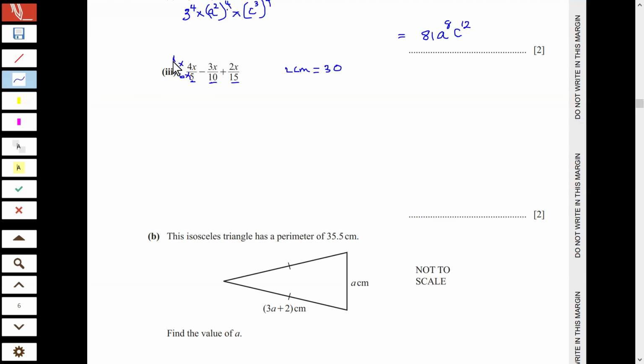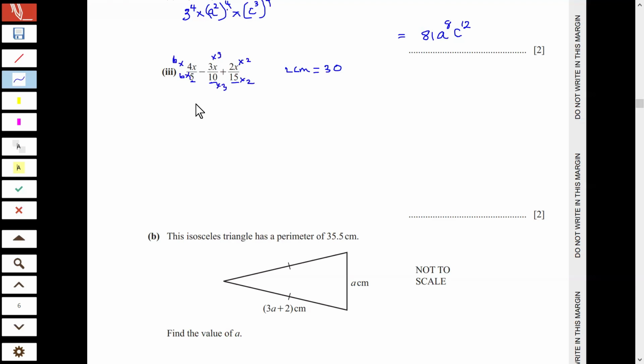Now for 10, we can make 10 into 30 by multiplying 10 by 3, and also do the same to the numerator. 15 can become 30 by multiplying 15 by 2, and also do the same to the numerator.